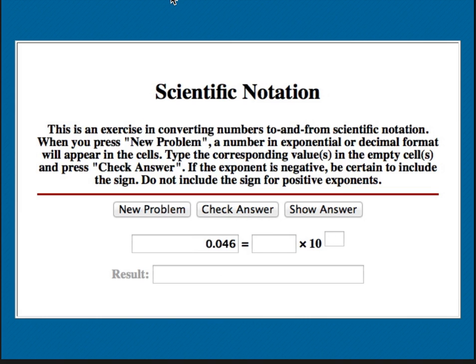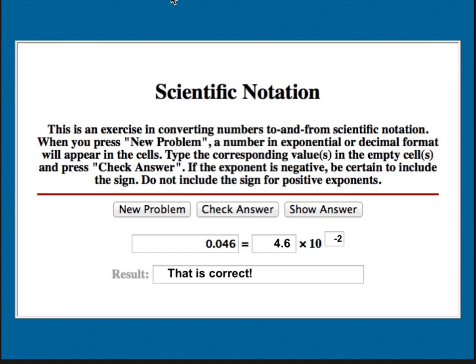Quickly, write this one. We want our decimal between the 4 and the 6, so it's 4.6. To get there, we had to move to the right 1, 2 places, so that's a minus 2.